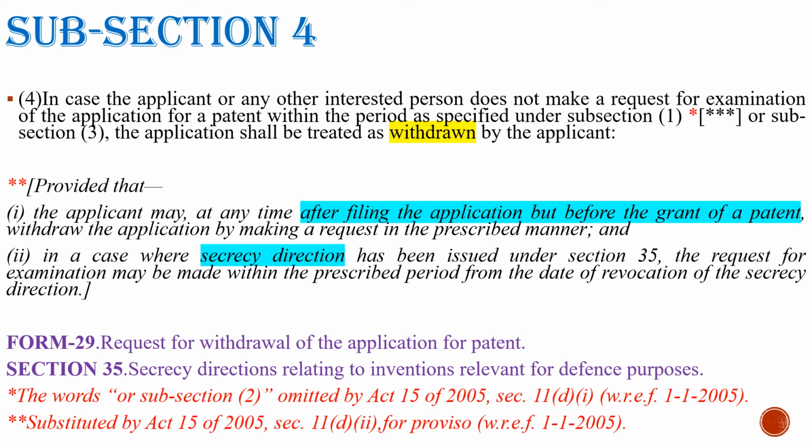One thing I would like to mention here, the request for examination under section 11B, subsection 4, shall be made within 48 months from the date of filing or from the date of priority of the application or within 6 months from the date of revocation of the secrecy directions, whichever is later. Okay, so just remember these things, and I hope now it is pretty much clear.